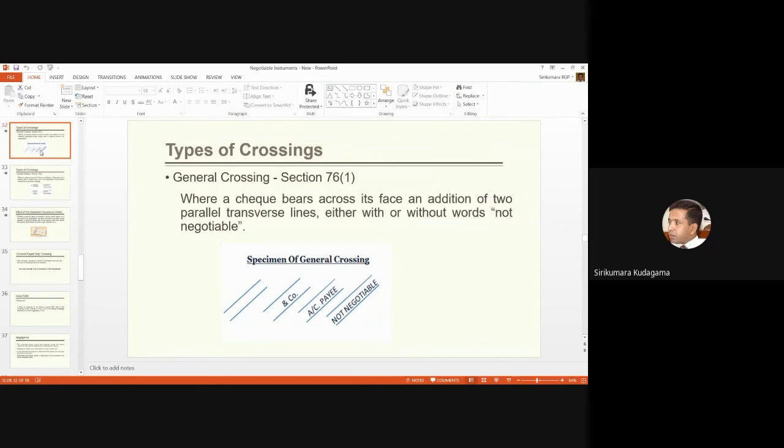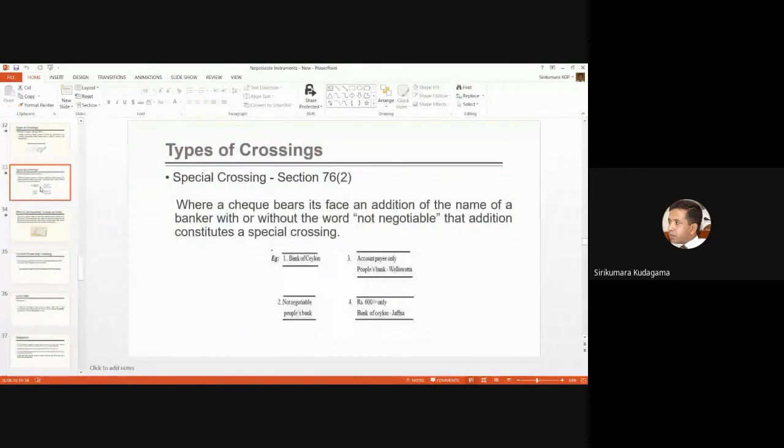On the other hand, when you have a special crossing, it must mean that it has to be presented to that specially named bank only. Now, in these examples, in the first example and fourth example, that has to go to Bank of Ceylon. In the fourth example, Bank of Ceylon Jaffna branch only.